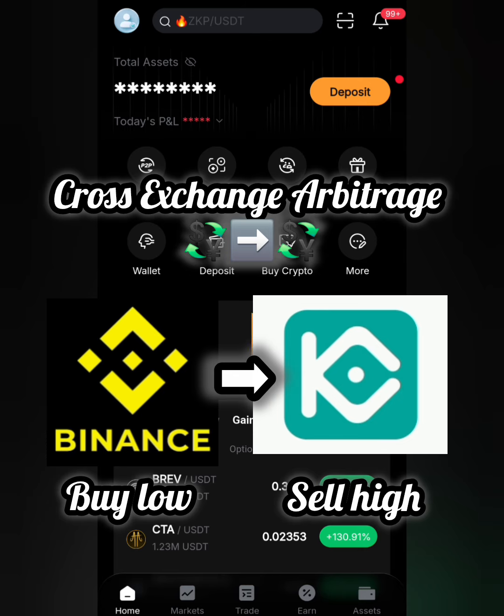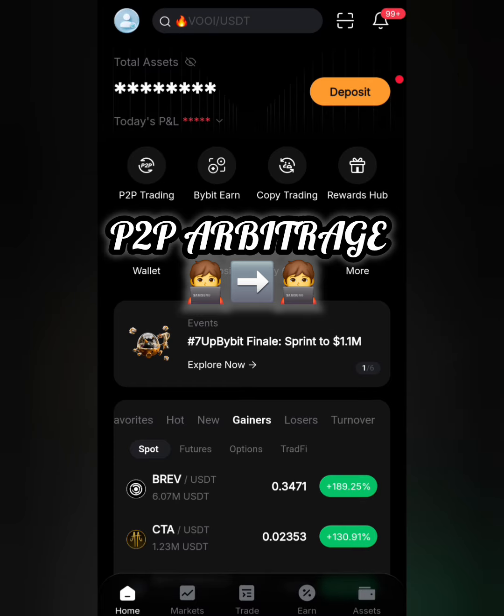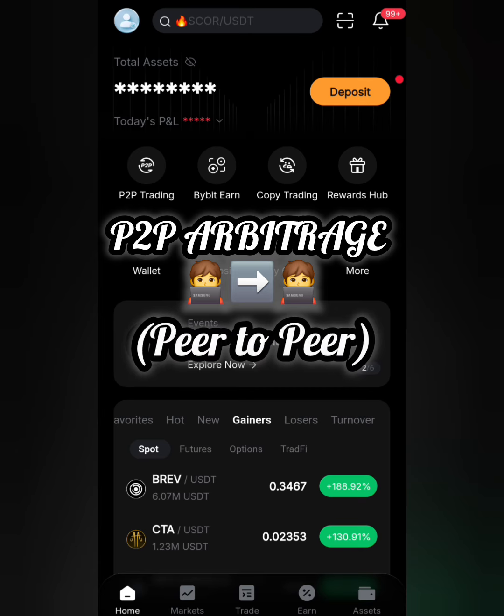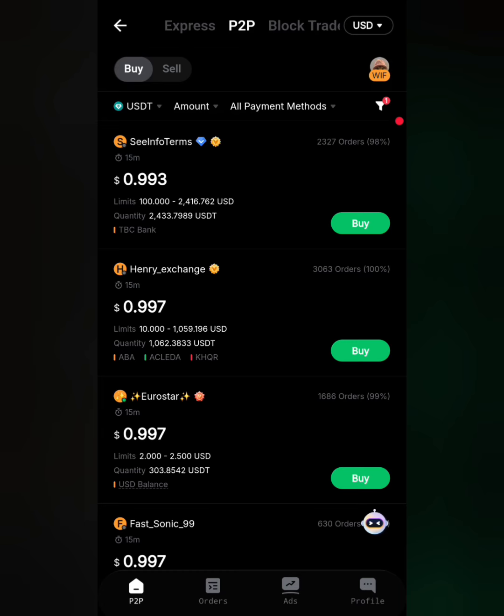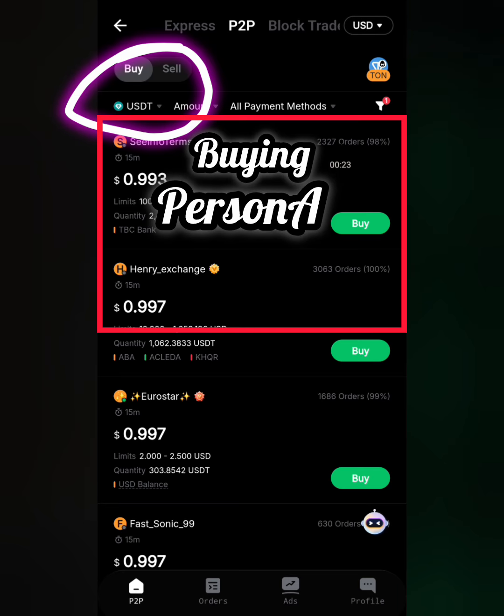Now P2P arbitrage, on the other hand, has to do with you trading directly with people. It is called peer-to-peer, but we shorten it down to P2P. As the word implies, peer-to-peer is just like saying person to person. What you need to do in P2P arbitrage is to buy a particular coin, let's say USDT, from one person at a low price.